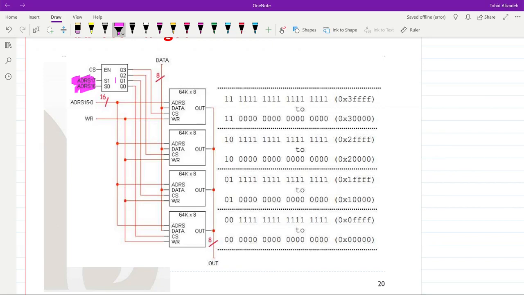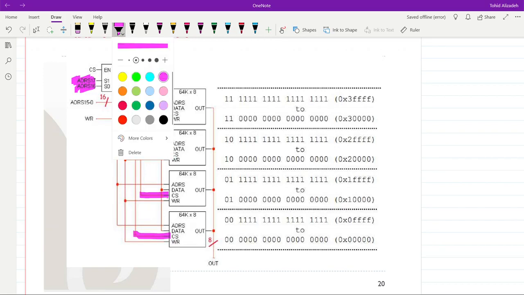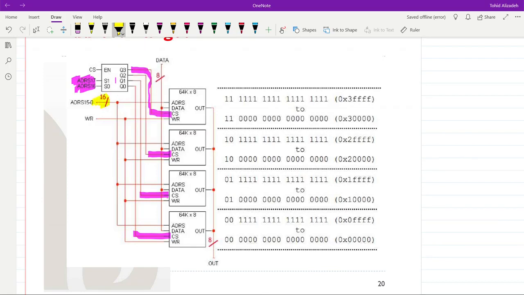You can see that the outputs are connected to the chip select inputs of the smaller ICs. Read-writes are common. Then the least significant 16 lines of address are connected directly to the address input, and the outputs are connected to each other. Data inputs are also shared among them.